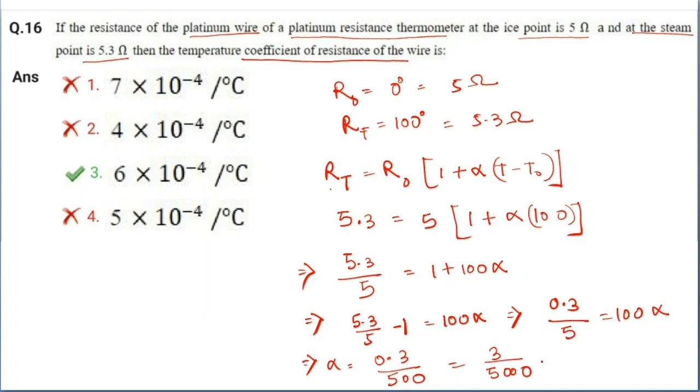Or 3 by 5, if in 3 we add one more 0, then 30, and 5 into 6 is 30, so 6 into 10 to the power minus 4 per degree Celsius. If we see the options, there is 7 into 10 to the power minus 4, 4 into 10 to the power minus 4, and option 3, that is 6 into 10 to the power minus 4. The third option is the correct one, the value of alpha.